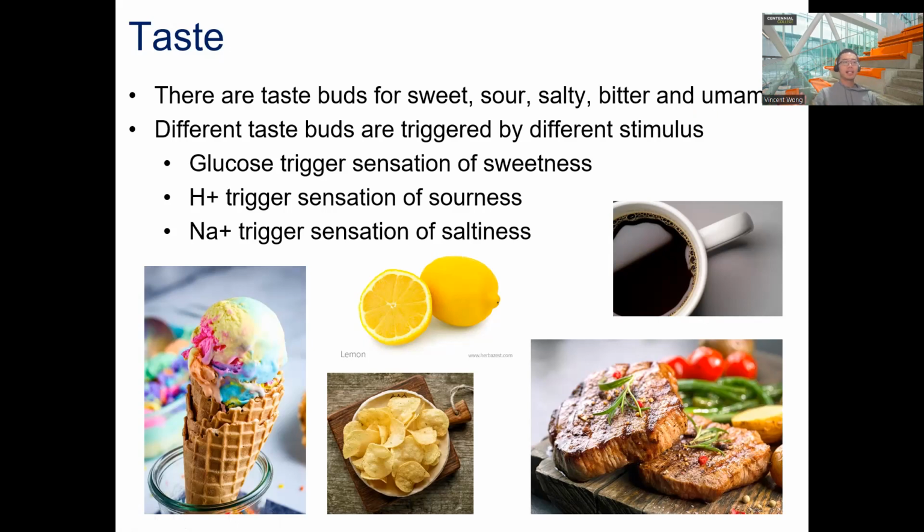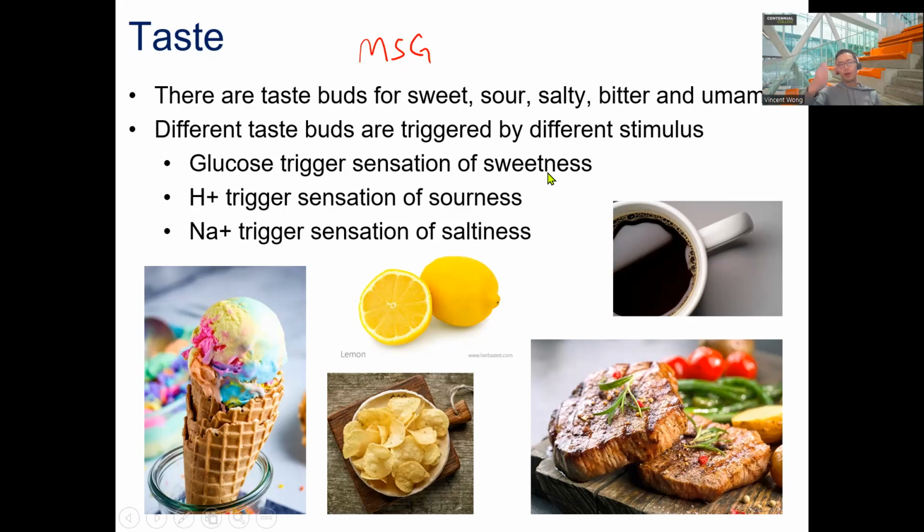Glutamic acid is a naturally occurring amino acid found in a lot of meat. There's an artificial flavor called MSG, which you probably know. MSG is monosodium glutamate, the artificial version of glutamic acid, and it's known to trigger the umami sensation.